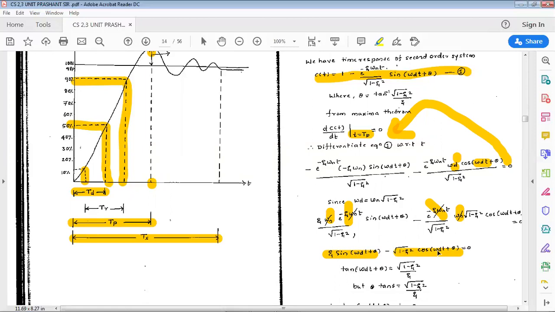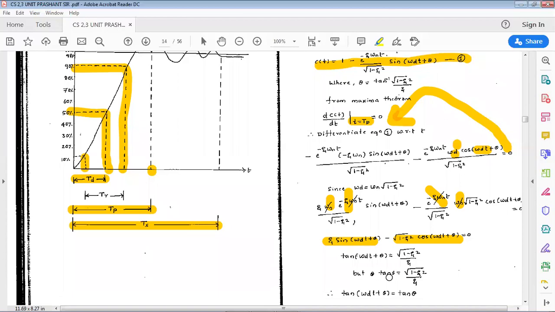If I take sine to this side, sine by cos on the left hand side will be tan of omega d t plus theta. On the right hand side we'll get under root 1 minus zeta square by zeta. We know that tan theta is under root 1 minus zeta square by zeta from the damping ratio triangle, right?